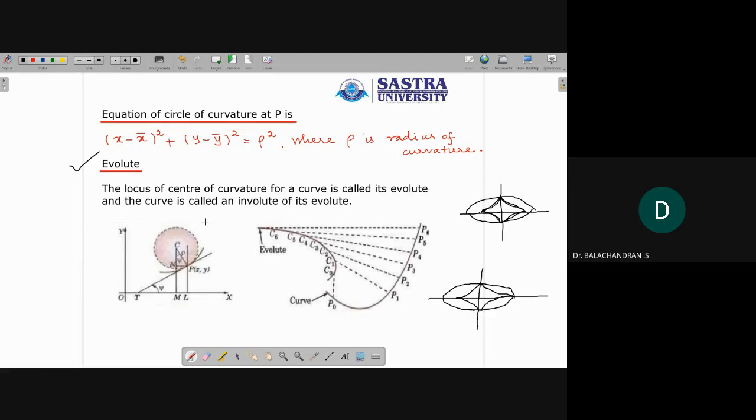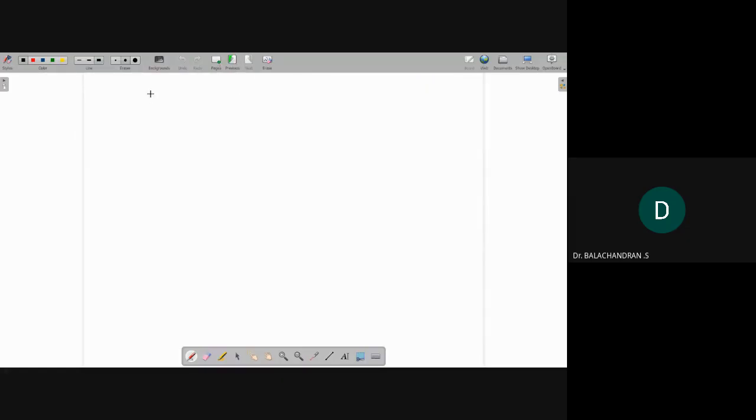Now I am going to solve the problem. The first problem is: find the evolute of the parabola y square equal to 4ax. Before this, I will give the steps to be followed here.